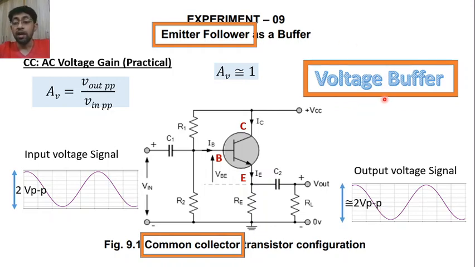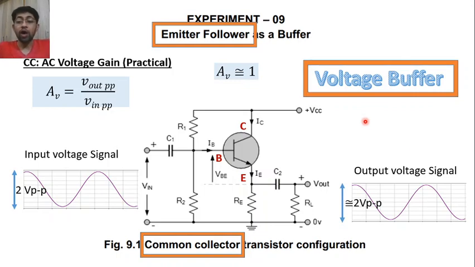Now here, since voltage is passed as it is, not processed, and we know that in a buffer circuit output will be same as input. There is no change in the output compared to input, which means we can call it one kind of delay.